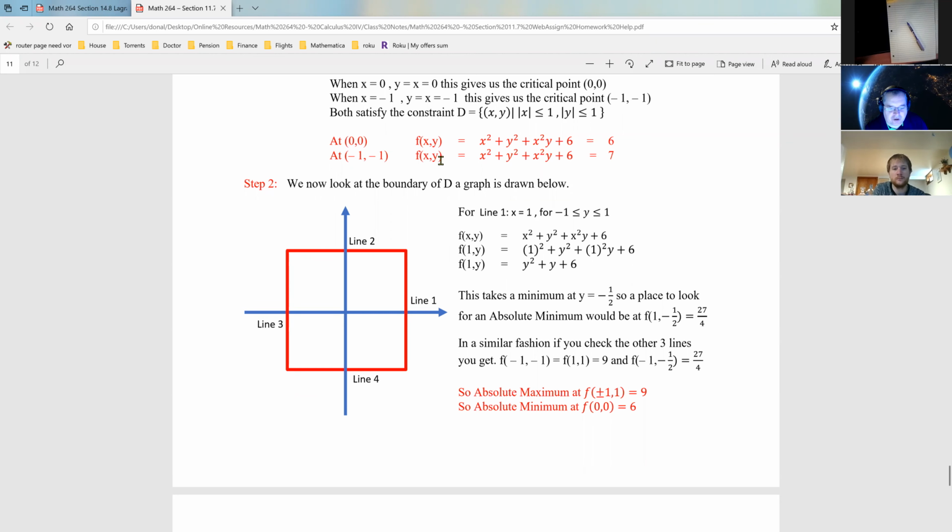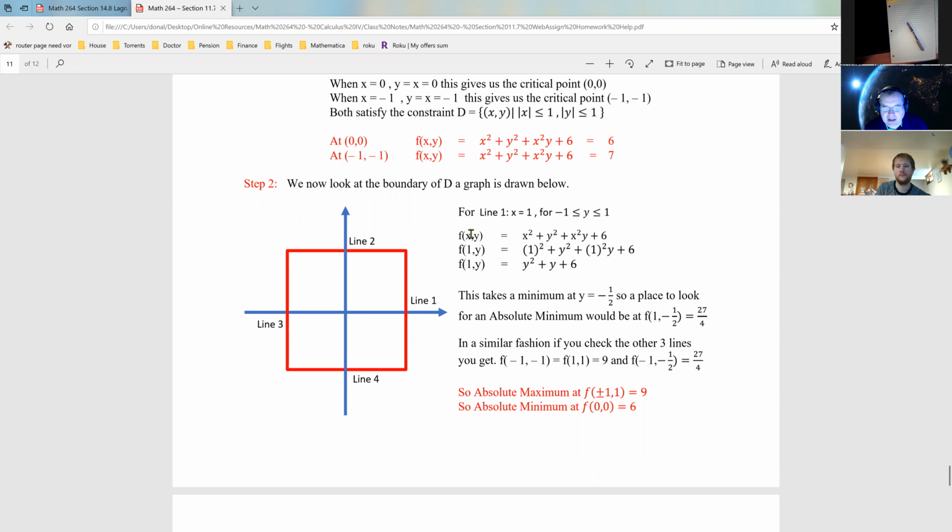So essentially you take your function, your f of x, y, and you look at what its values are like when you only pick points, say, along this line here, or you only choose points along this line here. So for instance, if I take the line x equals 1, which is this guy here, line L1, then what do I know about that? Well, I know x is 1.